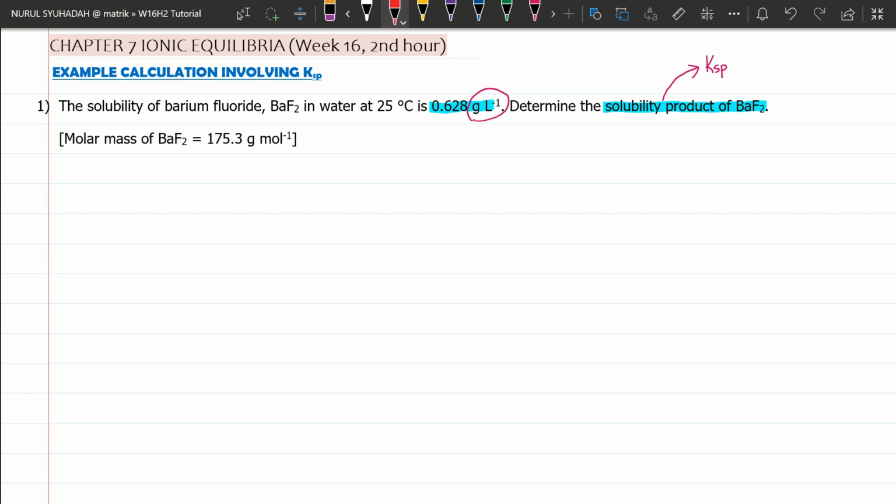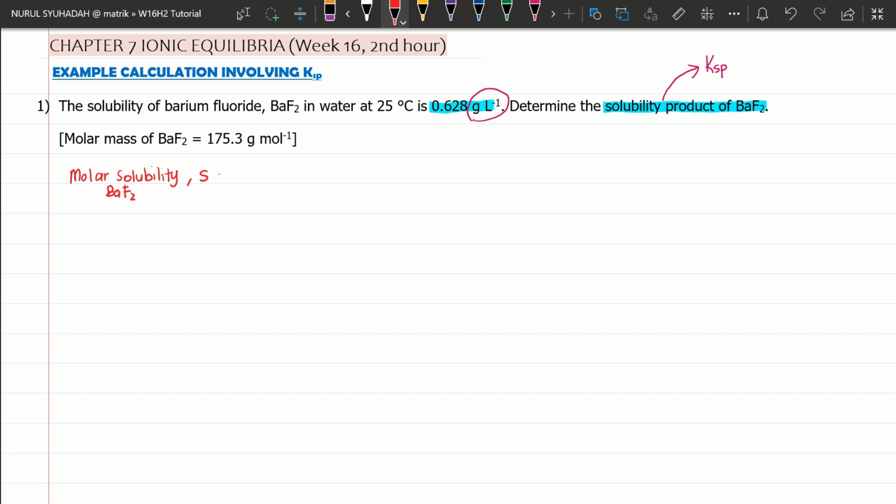Okay, so molar solubility untuk BaF2. So, letak label, letak dia sebagai S, supaya nanti later on during the calculation, you will see that this is the value that you need to substitute later for the calculation.